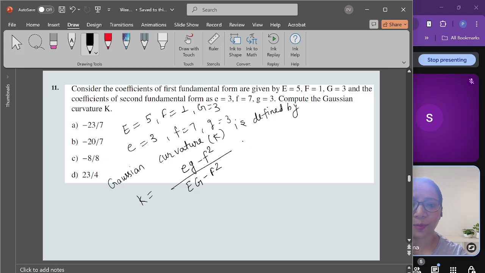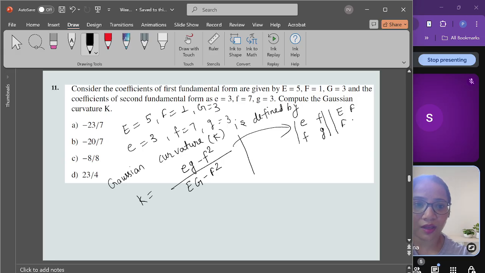For your remembering purpose, here I am writing where it is derived from. If you have gone through the video lectures, you must have seen this matrix E F F G, and its inverse. The formula is derived from this.